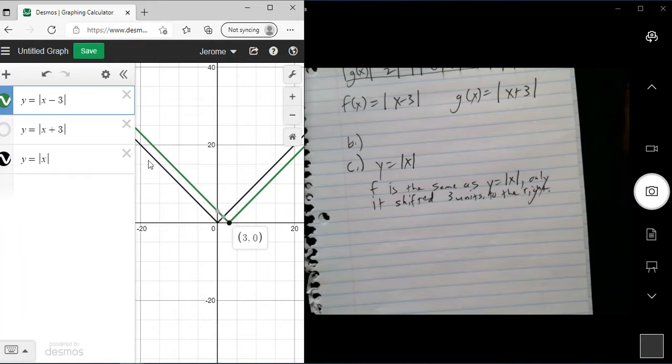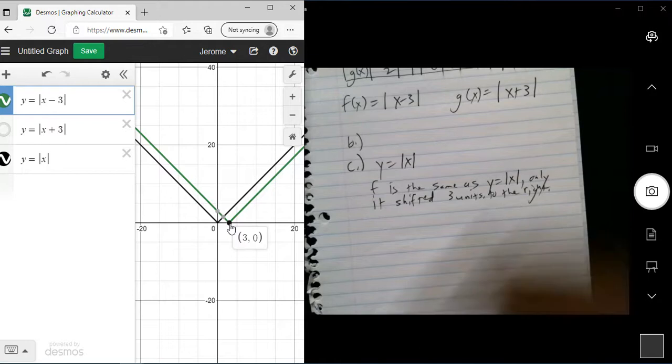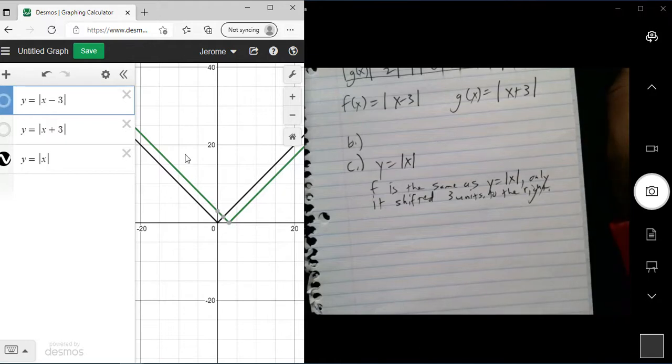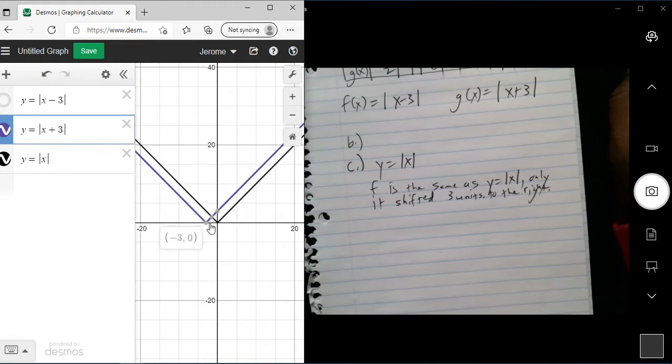It's just that the f of x, which we have here, is y equals absolute value x minus 3. This went over 3 places on the x-axis. So this right here is the actual statement. Now, let's take a look. Since we have this graph here, let's bring the purple back. If you notice here with the purple, it just went 3 to the left.